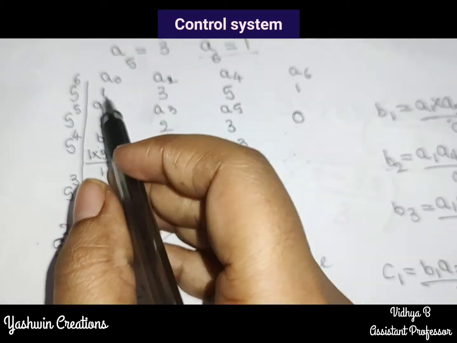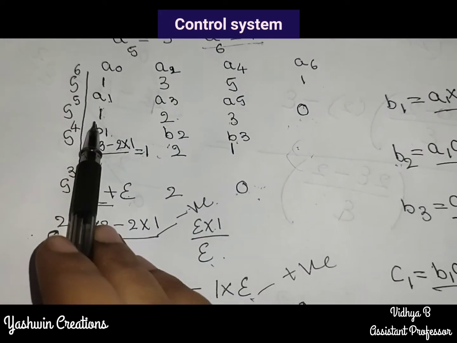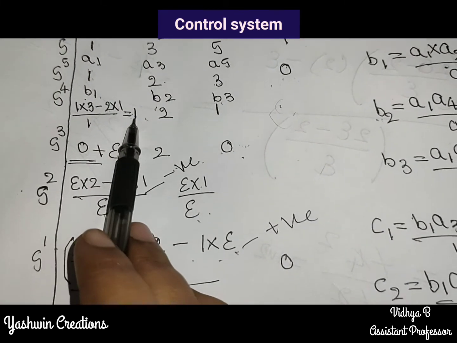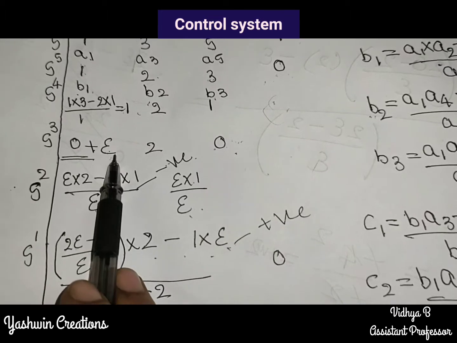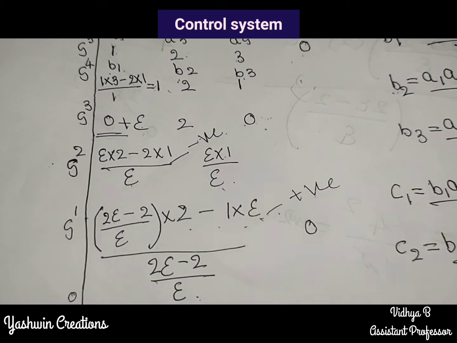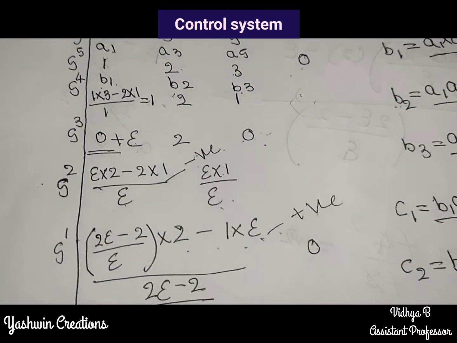Here you should check the first column. This is positive, the s to the power 5 is also positive, and here also the 1 value is positive, and here a positive value, then this negative value, and then a positive value, and this is positive. So the sign changes from positive to negative, and negative to positive: it has changed 2 times.